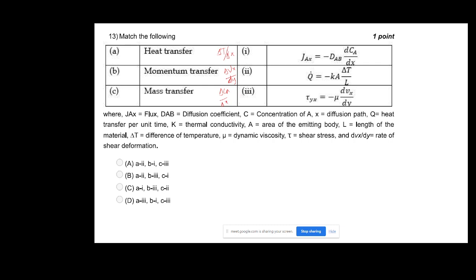If we relate at minute scale, this delta can be represented in terms of d also, which is differential. So for heat transfer, delta T by delta X is in 2. Momentum transfer is correctly represented by equation 3. And for mass transfer, it is 1. So the correct answer here is B.